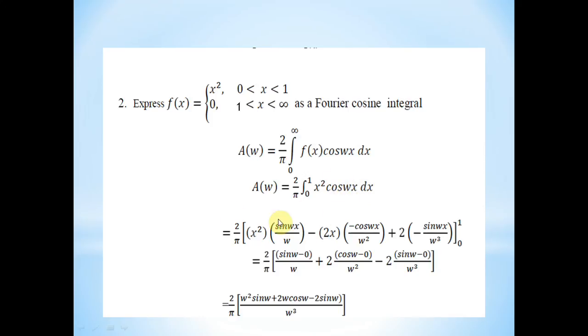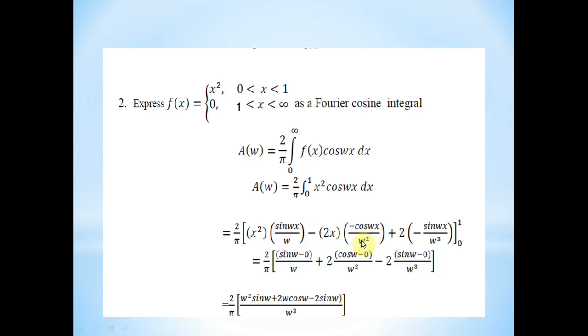Now by the rule, first function into integral of the second function, integral of cos omega x, which is sine omega x by omega, minus derivative of x square, which is 2x, into integral of the second term, which is minus cos omega x by omega square.